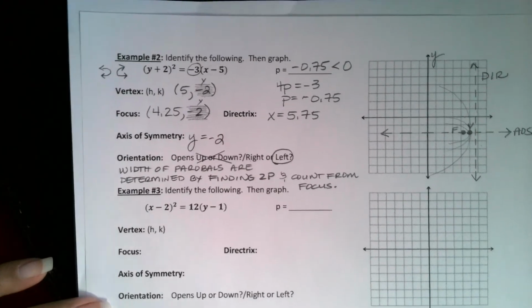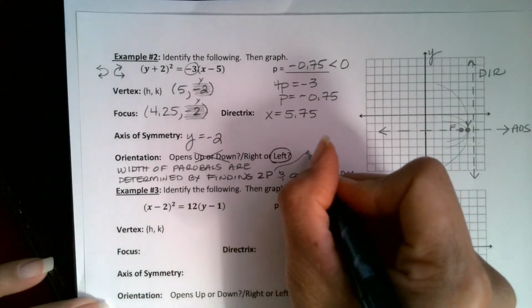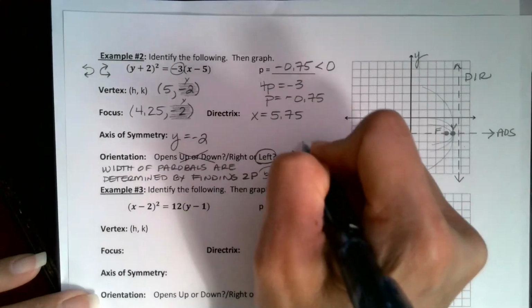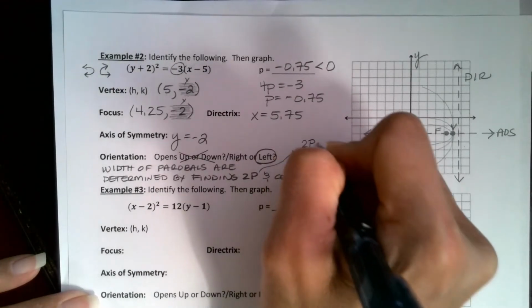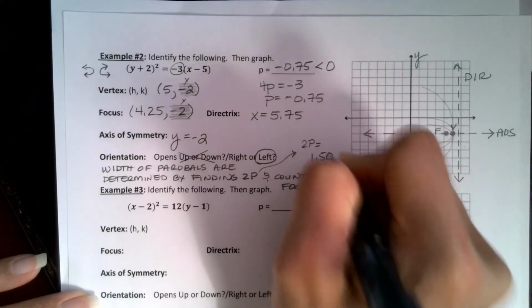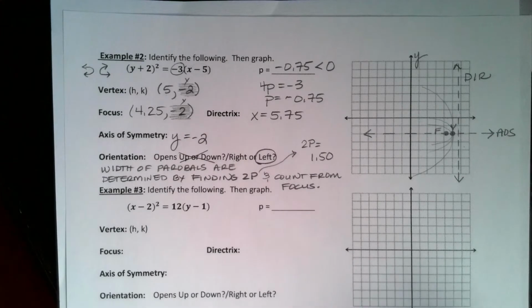All right, so in our case, I'm going to put an arrow here because I don't have any more space underneath that. My 2 times my p would equal 1.50, okay? Negative 1.50 to be exact, but right now I'm only concerned with distance measurement, so 1.5, okay?